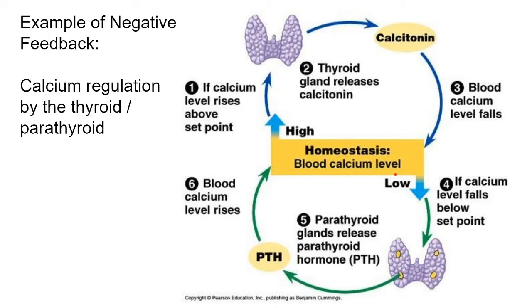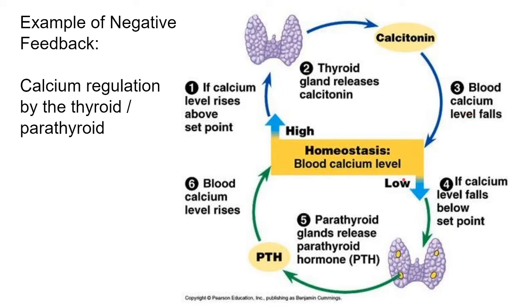So another example is calcium regulation by the thyroid and parathyroid. If your calcium level rises above a set point, the thyroid gland releases calcitonin, and that calcitonin causes the blood calcium levels to fall.